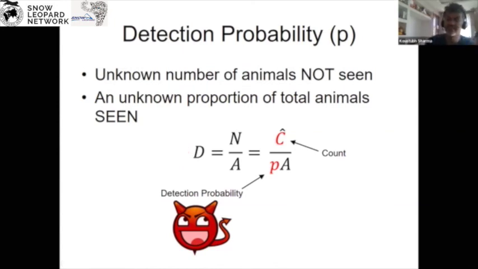This detection probability is what we can also call the nuisance factor. Some people don't actually want to call it a nuisance factor. They call it an important parameter which can help us understand ecology as well. But having said that, the principles of sampling, stratification, modeling, and errors will remain the same.